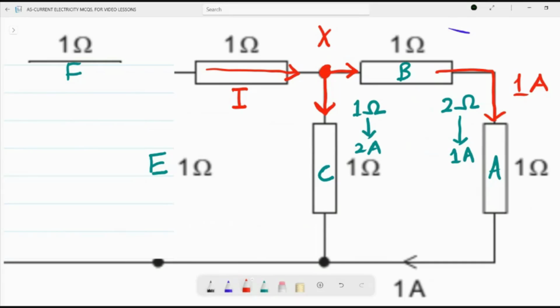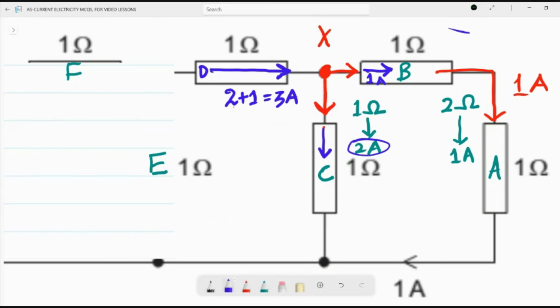It means the current flowing through this resistor C is 2 ampere, and the current flowing through these two resistors is 1 ampere. So the overall current being led from this resistor, which I have named D, is 2 plus 1, which is equal to 3 ampere.